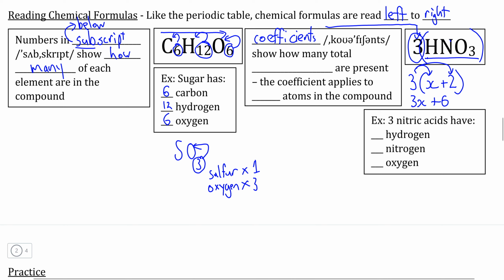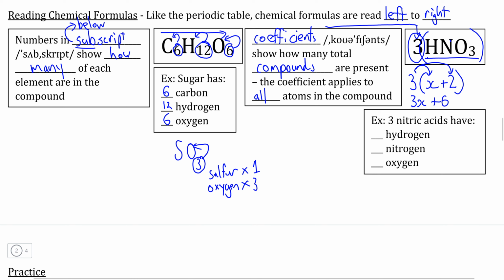So once again, coefficients in front of chemical formulas are meant to show how many of the compound itself we have in total, and the coefficient applies not to a single atom in the compound, but to all atoms within the compound, which is why it's helpful to put brackets around it to show that we apply the coefficient the same way we do in mathematics.